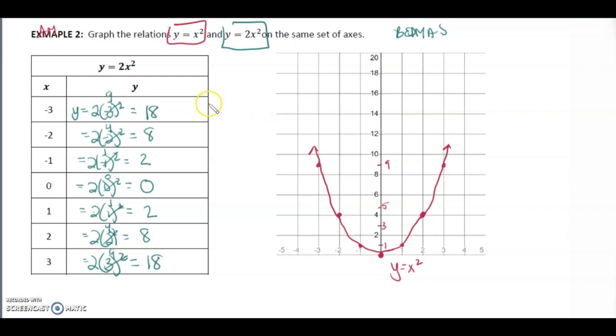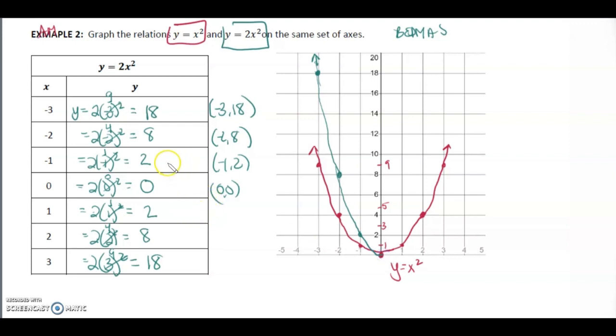So now let's go ahead and graph this. So we have negative 3, 18. Negative 2, 8 is here. Okay, negative 1, 2. 0, 0.